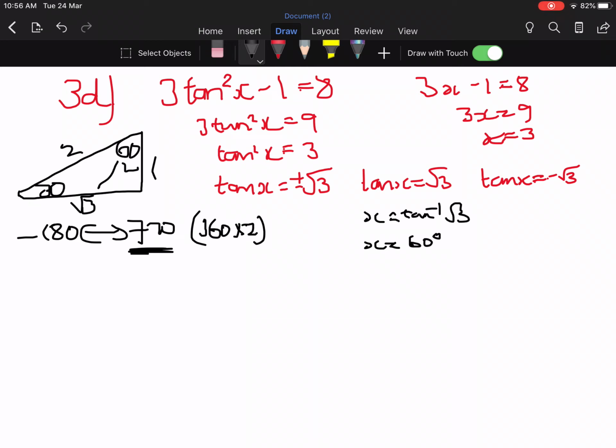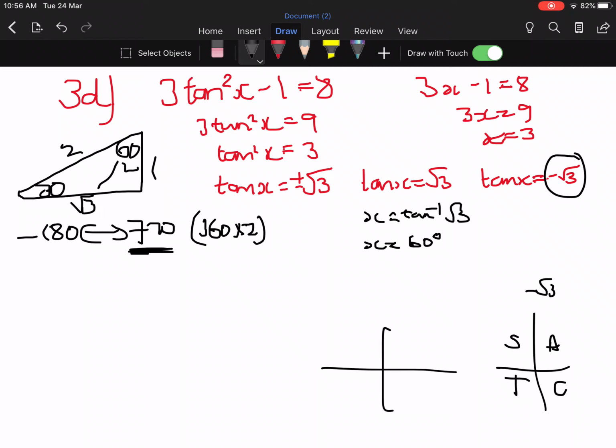Now, here is the extra piece of information. So you've probably heard me talking about if it's positive or negative. Now, in this case, this one is negative, okay? But we already know the inverse tan of root 3 is 60. But when it's negative, we've got to tick the other quadrant. So for negative root 3, all sine, tan, cos.